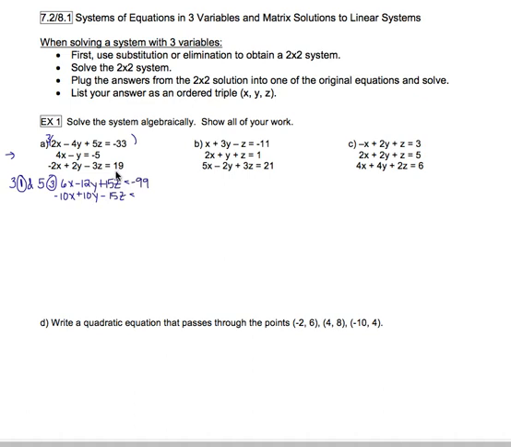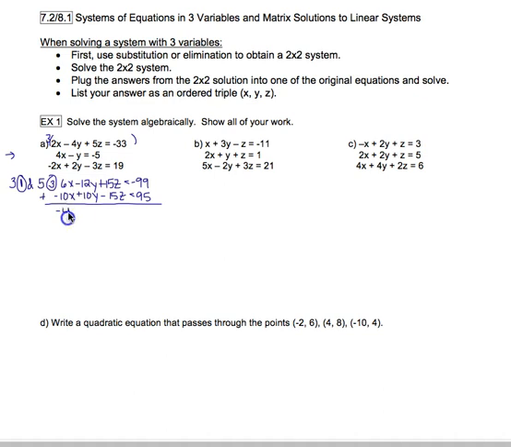And then 19 times 5 gives me 95. So now, by multiplying by those constants, I've obtained opposites on my z's. So I've got 15z and negative 15z. Once I have opposites, that means I can go ahead and add. So add straight down in the columns.